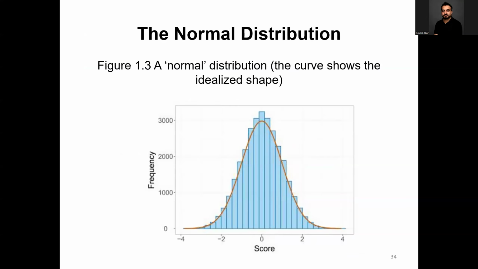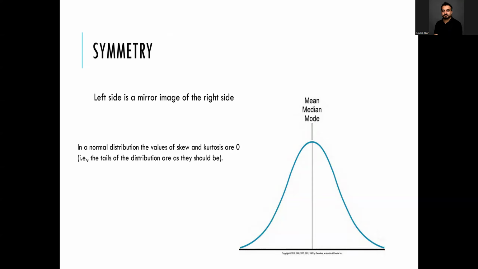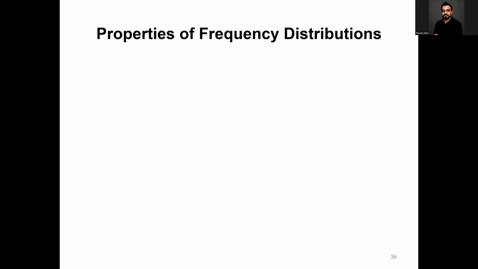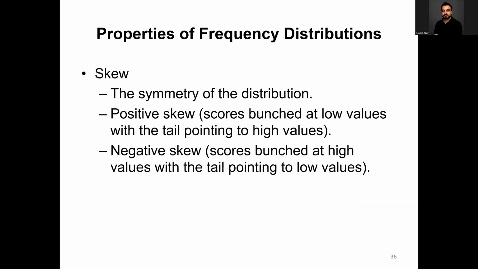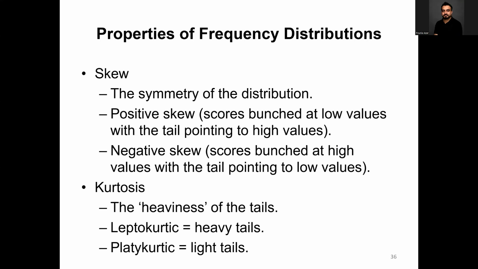Normal distribution is an ideal world. But in reality, most of the time, we see skewness and kurtosis. So skew is the symmetry of the distribution. We have positive skew and negative skew. Also, we have kurtosis, which is the heaviness of the tails.